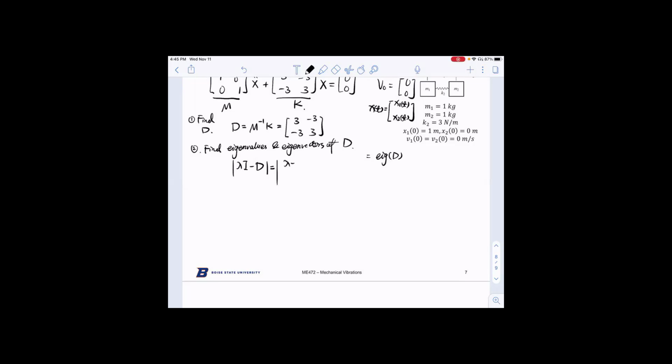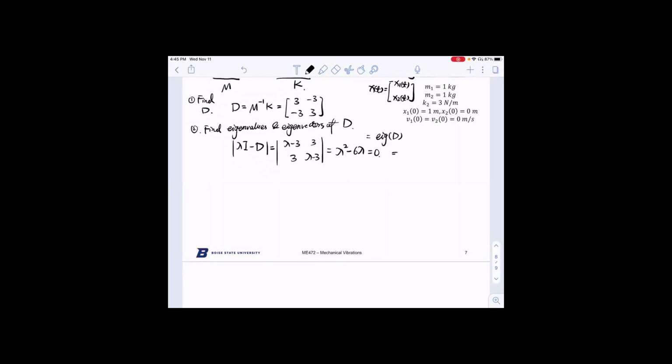That is lambda minus 3, 3, 3, lambda minus 3, equals lambda squared minus 6 lambda, equal to 0. So here you have two solutions. One is lambda 1 equal to 0. The other one is lambda 2 equal to 6.